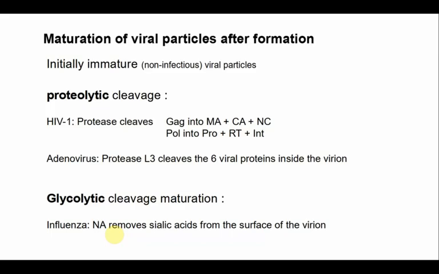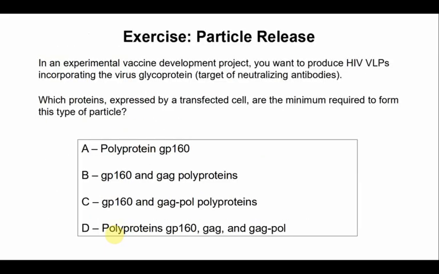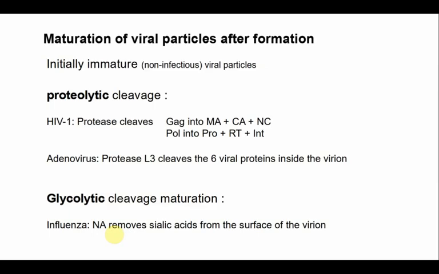So you could have two virus particles. If you don't have this activity, they're all going to stick to each other and stick to the surface of the infected cell. So the maturation of the virus particle, to allow it to be released effectively, involves getting rid of the sialic acid on the surface of the virus particle. Okay, we're out of time, so I'll leave that question for the end.